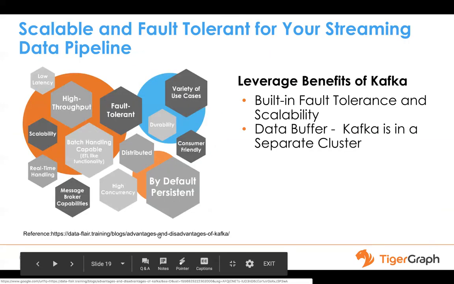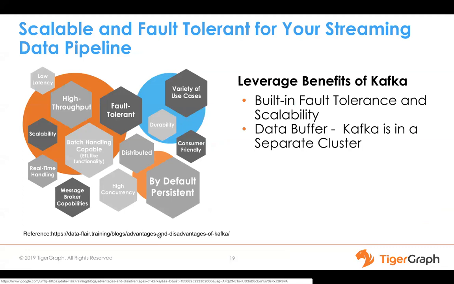Here's some of the benefits for the Kafka platform. And this is also why we are using Kafka and helping our customers to adapt to this framework to import data. It is a distributed PubSub system, so it's very scalable, and it also has built-in fault tolerance. And this aspect will serve as a data buffer for TigerGraph, because Kafka is in a separate cluster, so there won't be problems from data loading to crash the TigerGraph system.